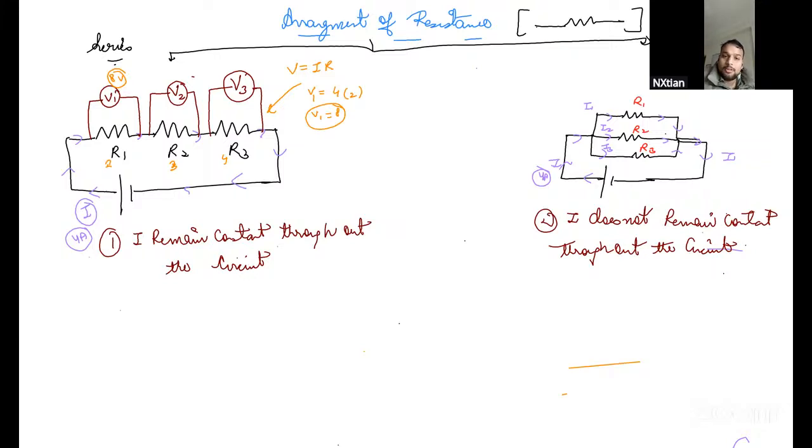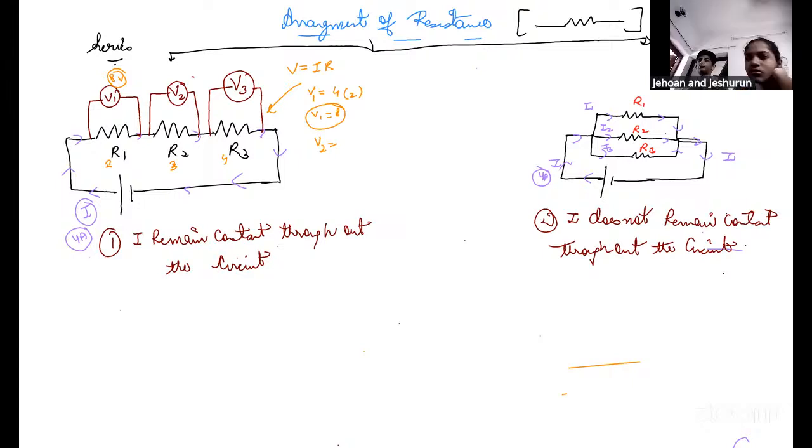Understood? Yes or no? If I take V2, what will be the value of V2? This is R2 is 3 and the current is 4. We have to multiply it. So V2 will become 12.